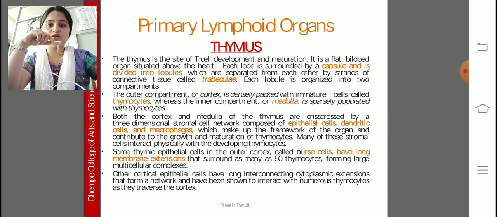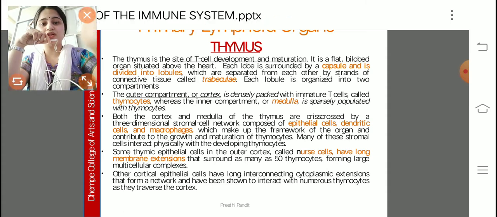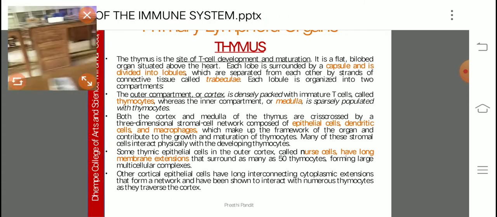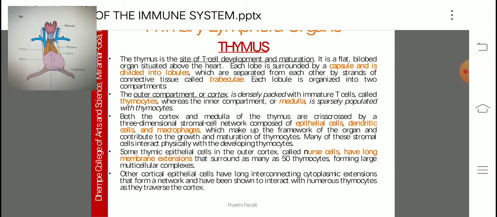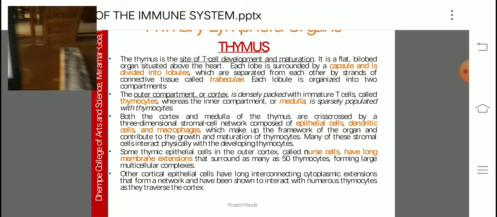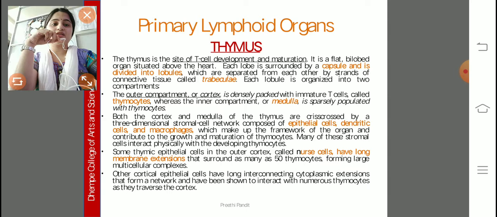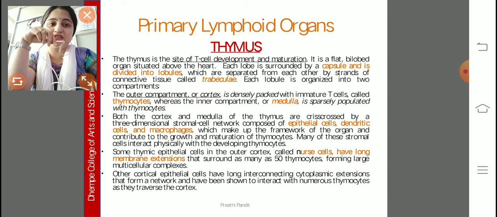The thymus is a flat bilobed organ situated above the heart, and each lobe is separated from the other by strands of connective tissue known as the trabeculae.